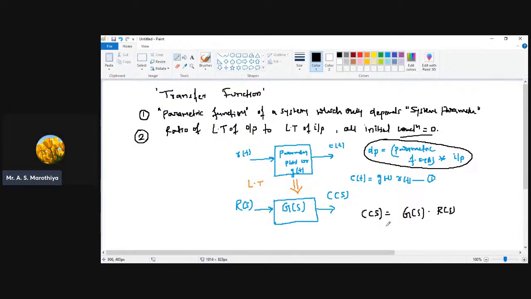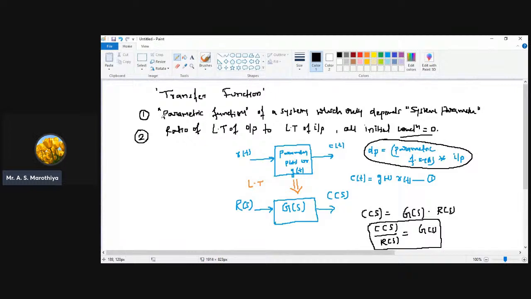Now if you rearrange this term, I can write C of s divided by R of s is equal to G of s. This is the mathematical formula to calculate the transfer function of a system.